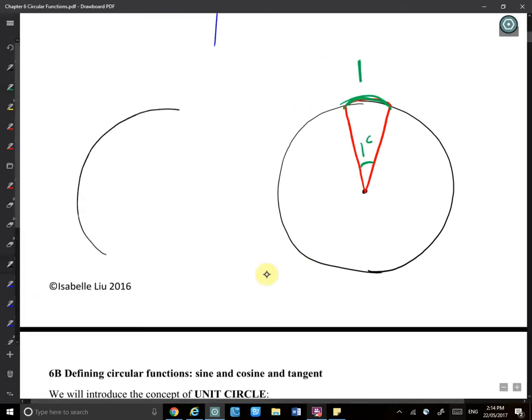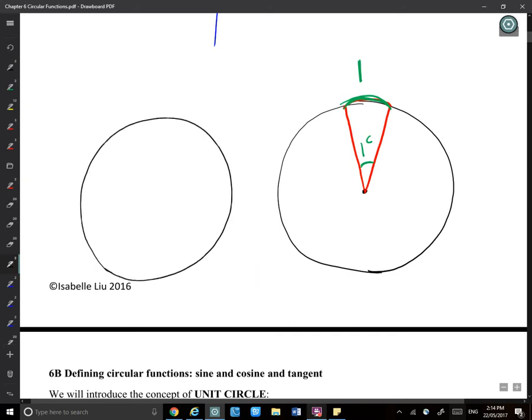Therefore, we have another unit circle, and that's the center. The radius equals 1, from here to here.